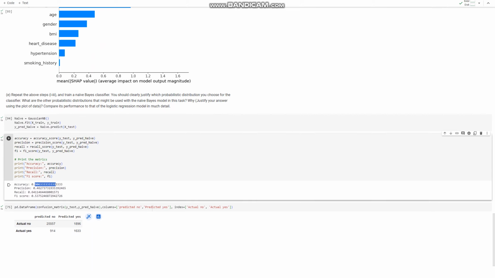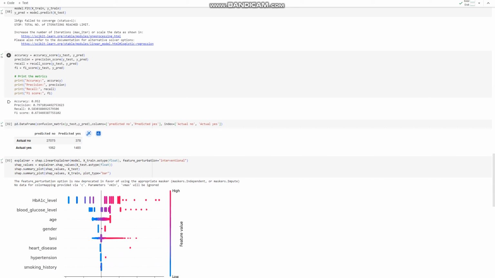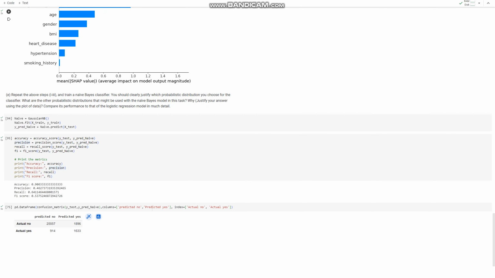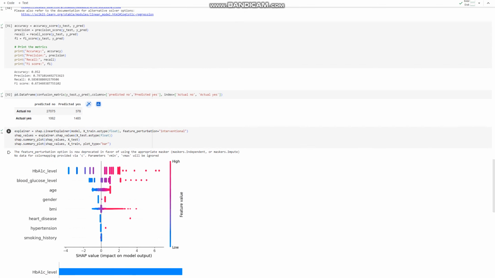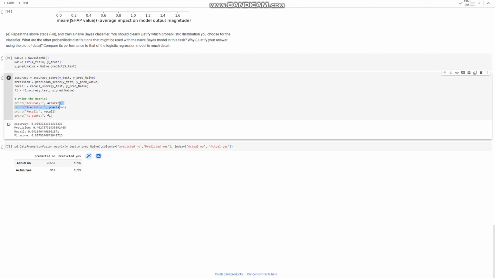Here accuracy was at 90%, where for logistic regression it was able to get 95% accuracy. The naive Bayes doesn't do well in precision, but is shown to get higher than logistic regression when it comes to recall.